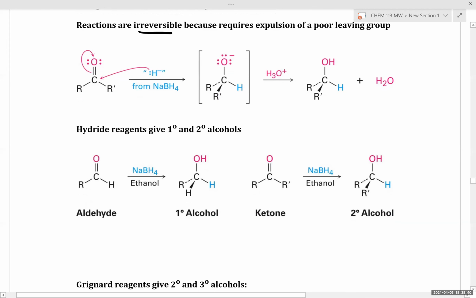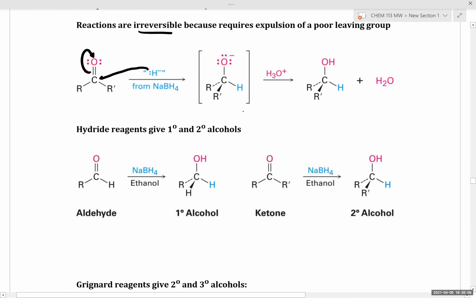Hydride reagents are useful because they allow us to make primary and secondary alcohols. As you notice, people prefer to use sodium borohydride rather than lithium aluminum hydride because sodium borohydride is a little bit more selective. In terms of the mechanism, hydride, which is a nucleophile, attacks our electrophilic carbonyl carbon. We break our carbon-oxygen double bond.